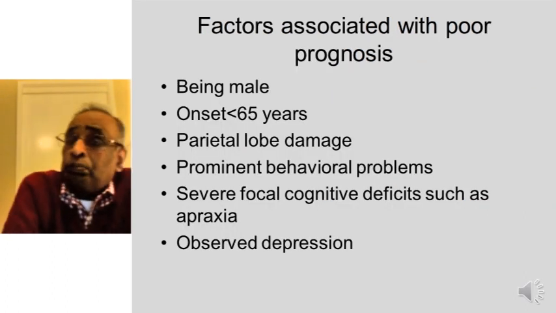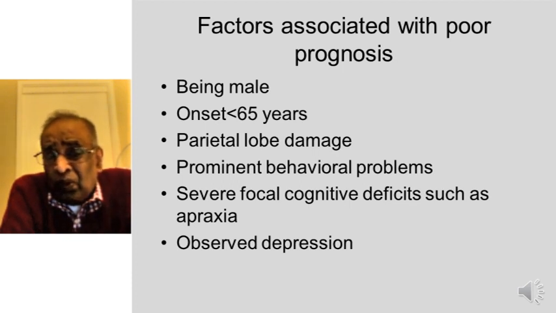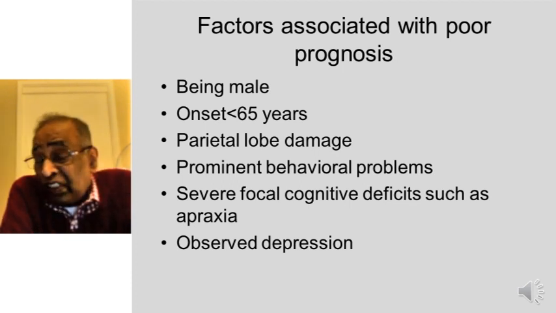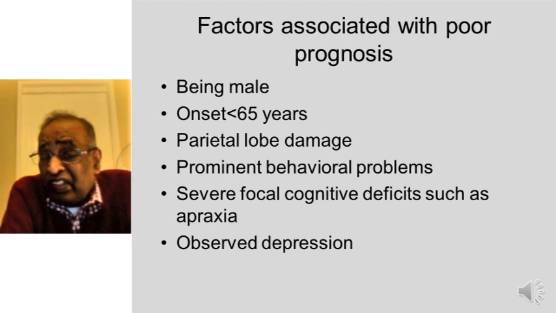Factors associated with poor prognosis: being male, onset before 65 years because they have a strong family history as well, parietal lobe damage, prominent behavioral problems for which they are usually admitted to hospital, severe focal cognitive issues such as apraxia, and observed depression.